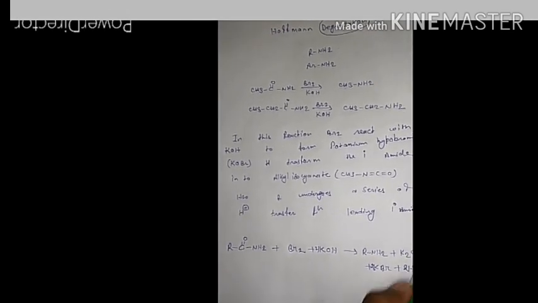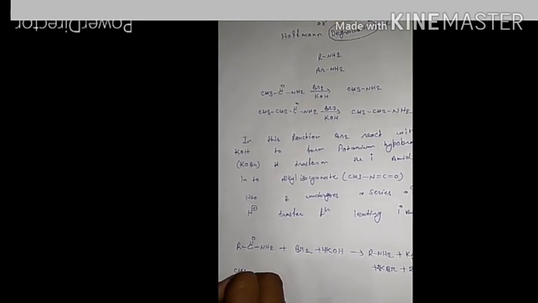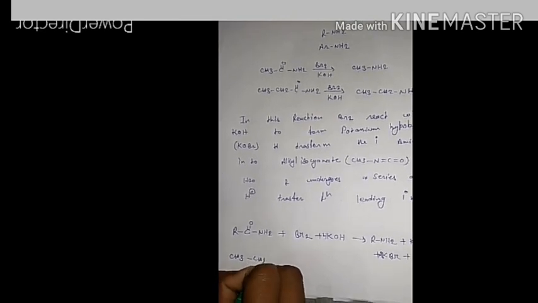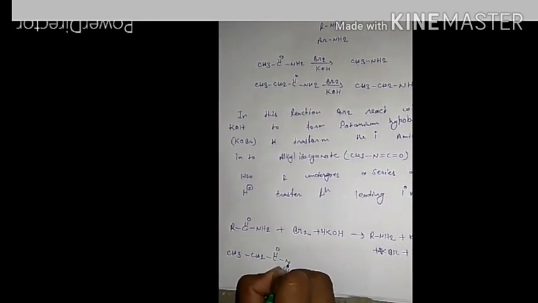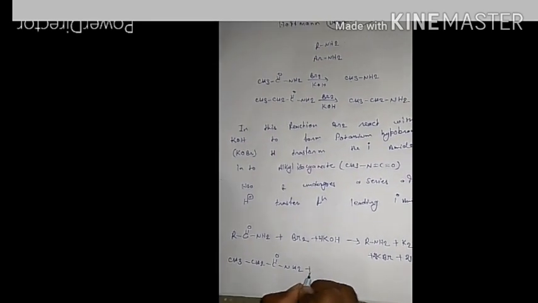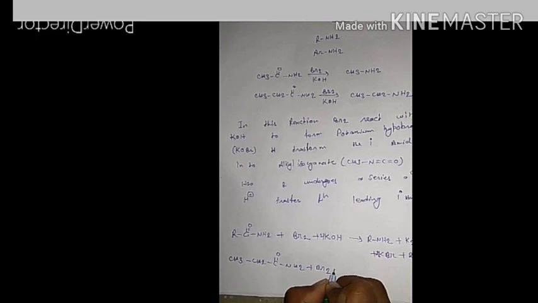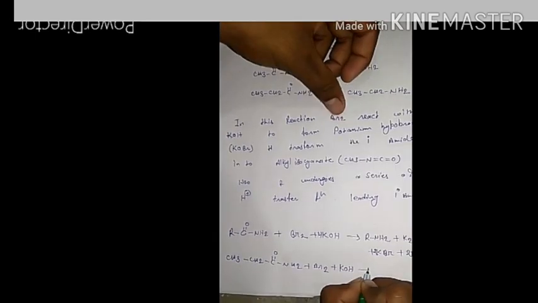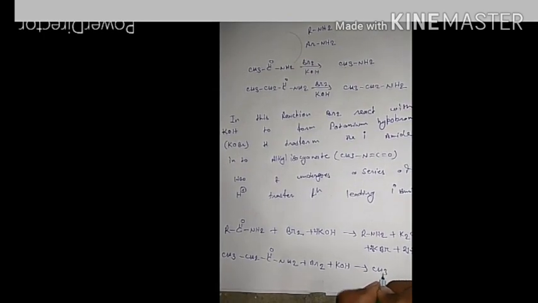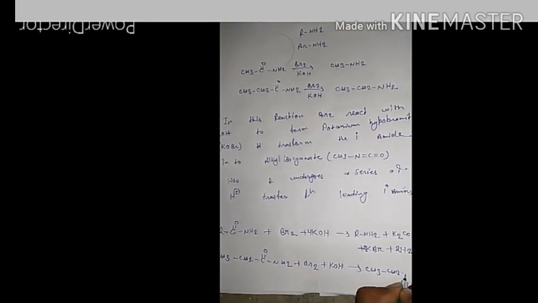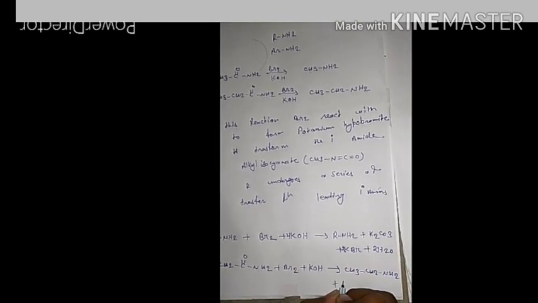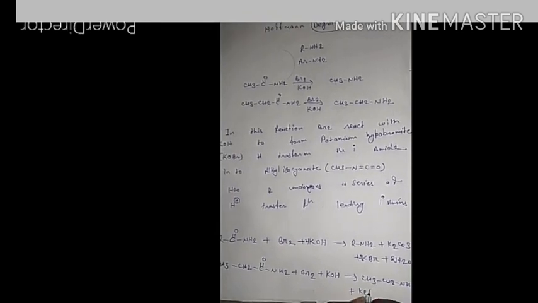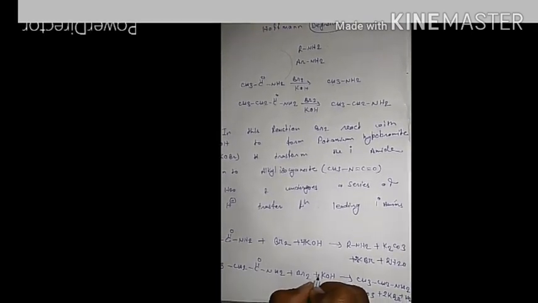This is the balanced equation. Same way, here is 2, here 4 and here 2.